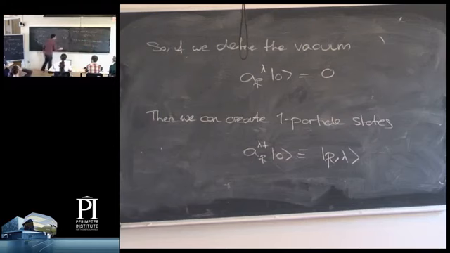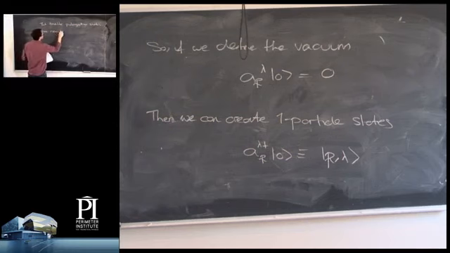So these are labeled by momentum and polarization, lambda. But the states that we get from the time-like polarizations are very weird indeed. They're not something we've ever come across before in quantum theory because they have negative norm.